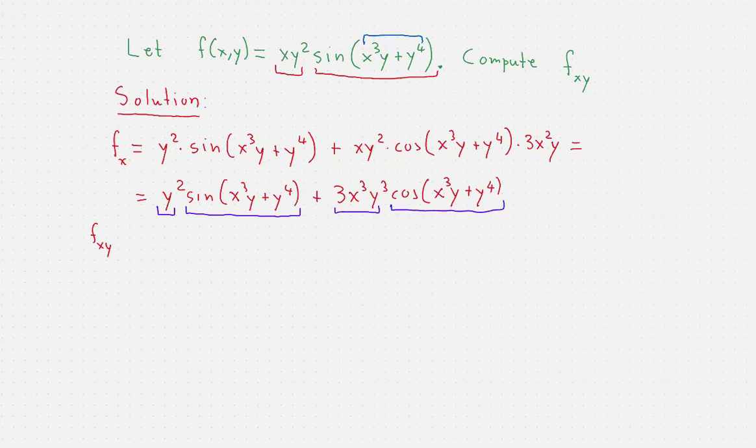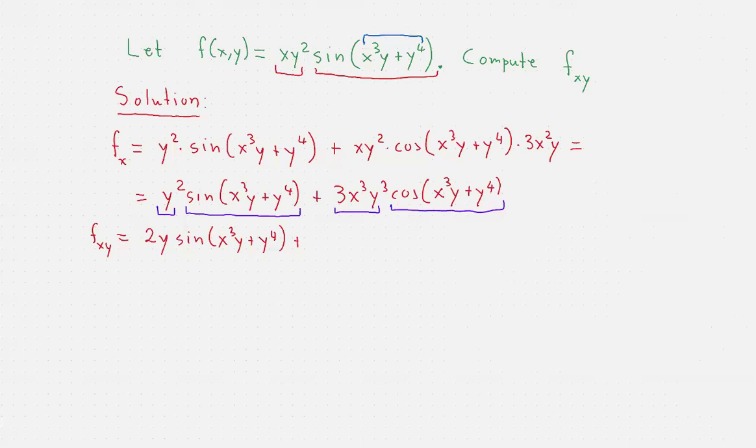So let's finish this. So this will be 2y times the second function, and then plus y squared times the derivative of the second function, which is sine of a quantity.